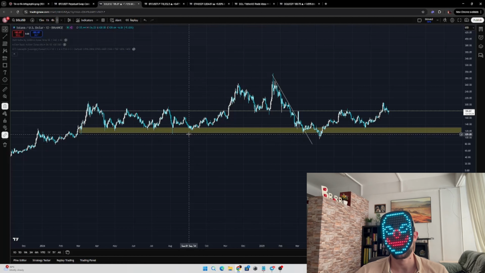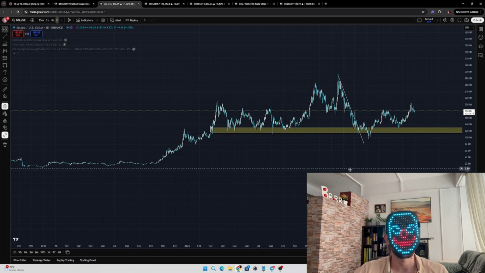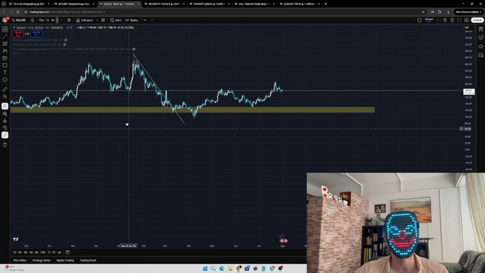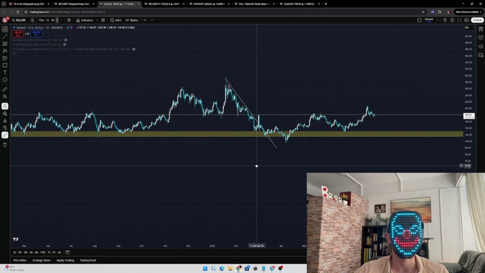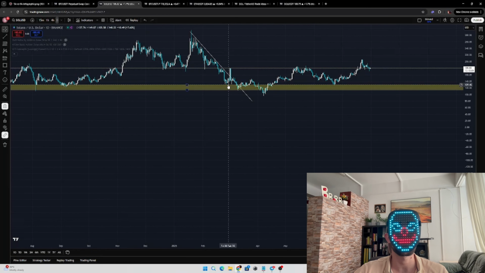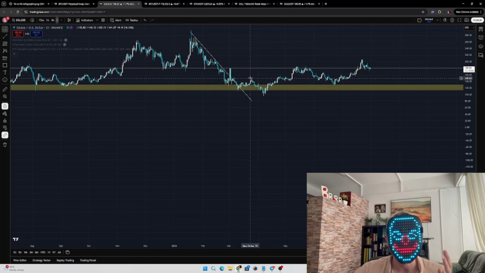Bam. Okay, so we marked it. Here, the support held. There was a strong downtrend, which we marked before. Nice. It came to the support level somewhere here, and it shifted the trend a little bit. You could still position yourself and get this little bounce, but the sell pressure was big and there was a fake breakdown.